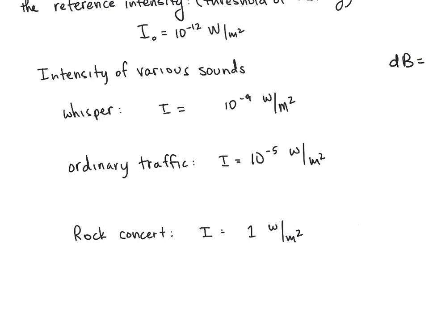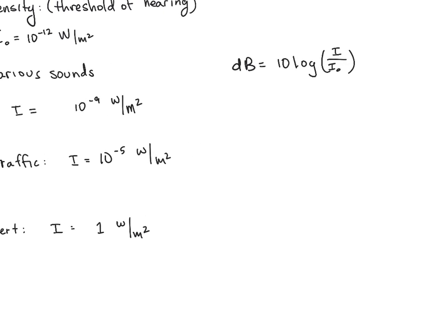But when we start to measure those in terms of logarithms, here's your decibel scale: 10 times log I divided by I sub 0. This is that reference intensity, which is 10 to the negative 12. We start to measure the intensity using this logarithm scale, and we can start talking about decibels.